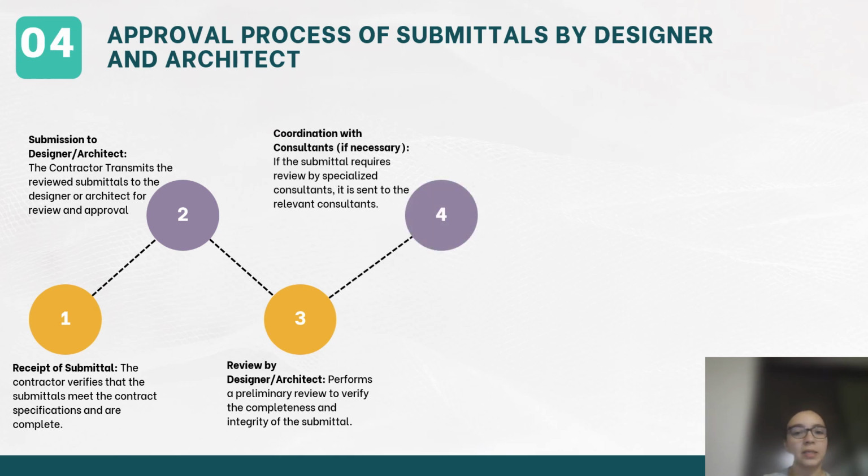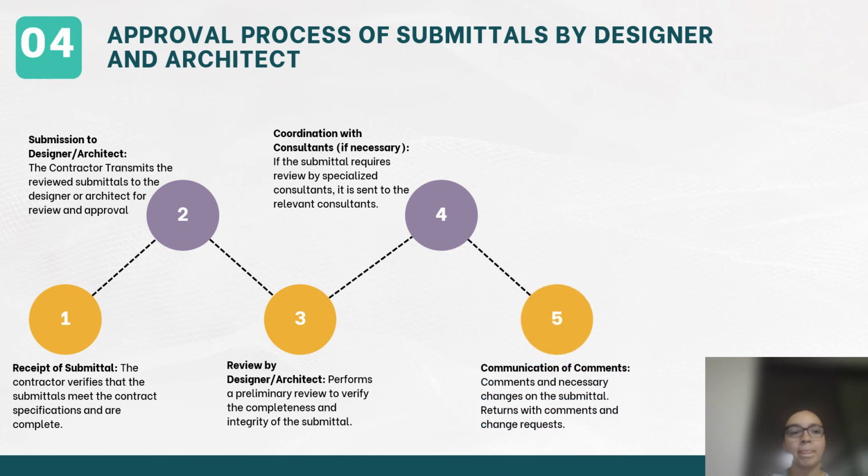Coordination with consultants if necessary. Submittals are sent to relevant consultants for a specialized review for the plumbing, the fire resistance, or electrical. Number 5, communication of comments. Feedback and change requests are communicated back to the contractor.